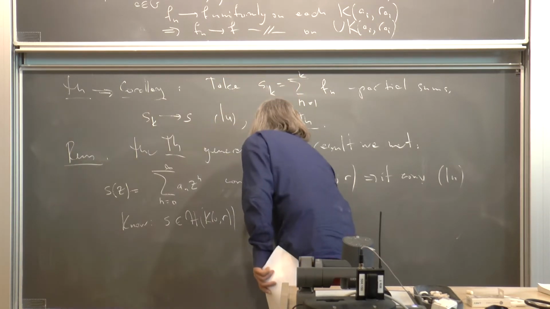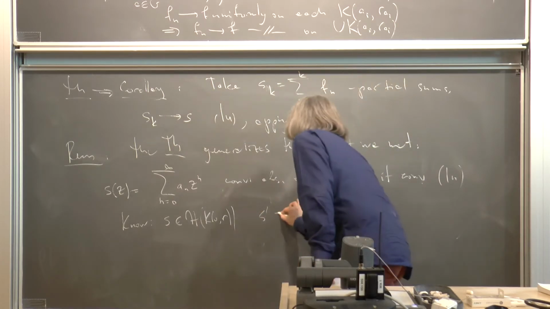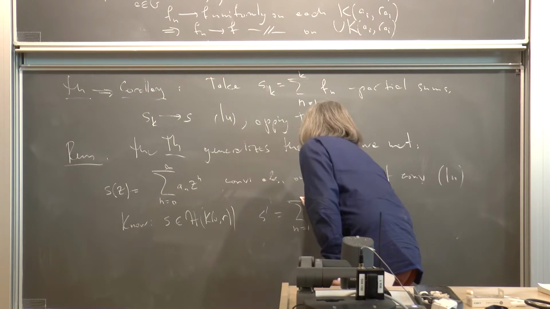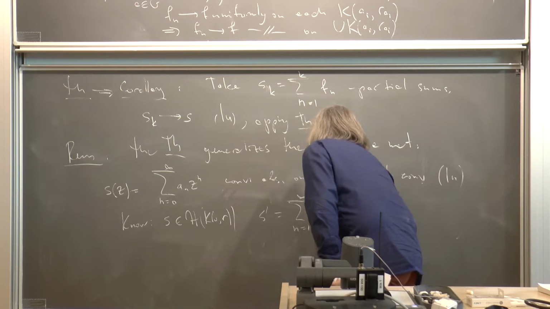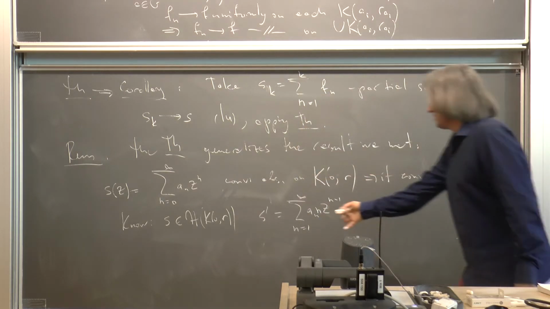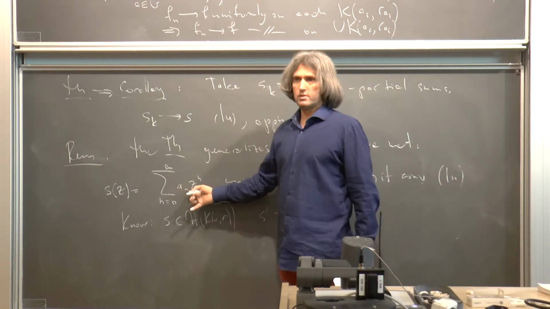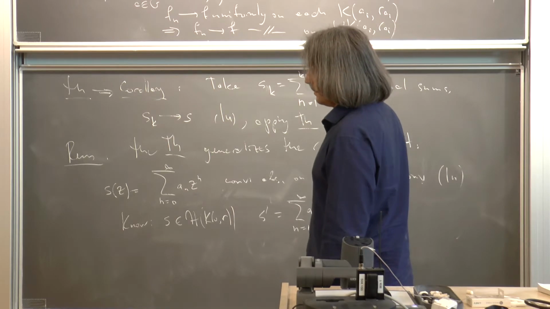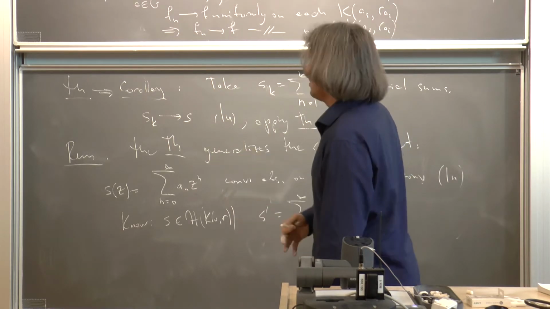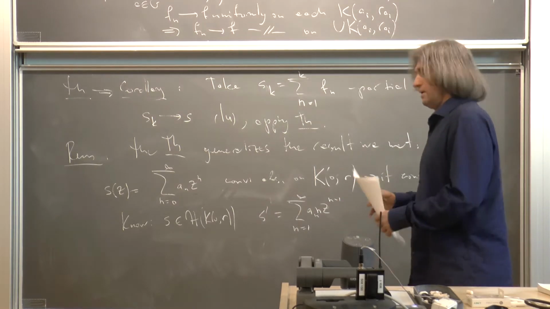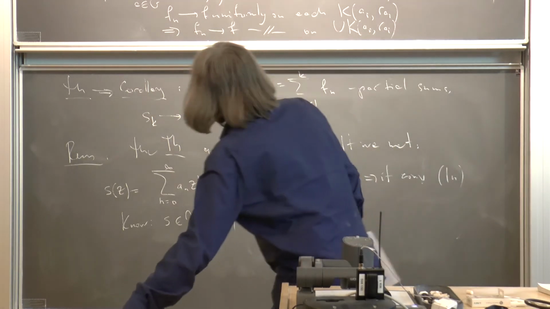And S prime is given by the series which is the derivative of each term, of course. So it's just emphasizing that the result we plan to prove is a generalization of this. Good. So now let's prove the theorem.